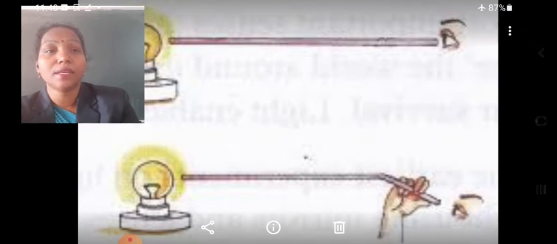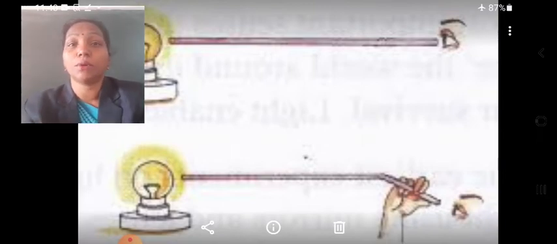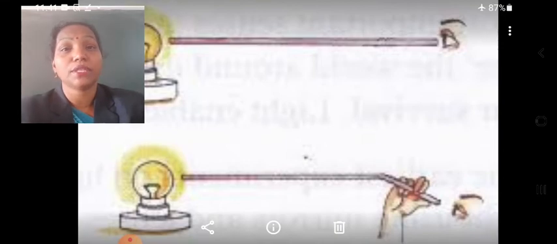The reason is that when the straw was bent, the light rays were stopped. They cannot travel straight. They were stopped at the bent part, so we cannot see the light. So these are the two experiments, the cardboard experiment and the experiment with the straw, that explain the property of the rectilinear propagation of light.